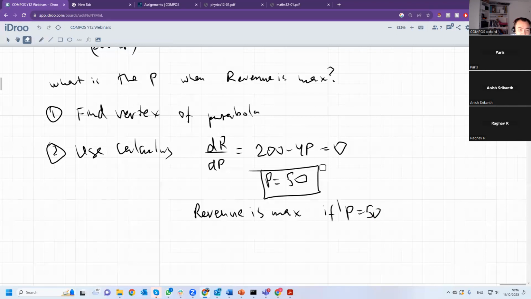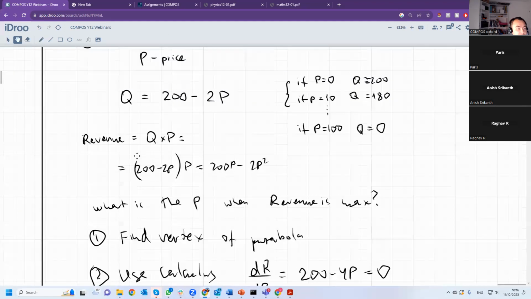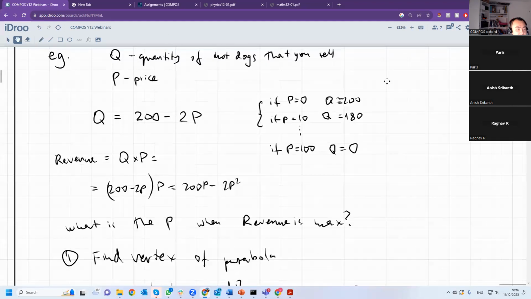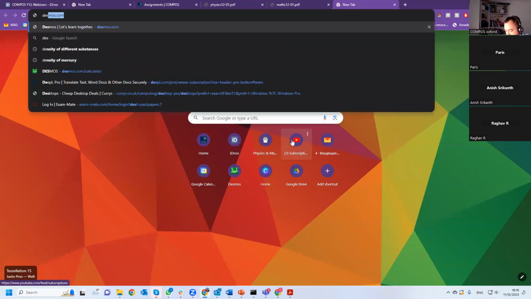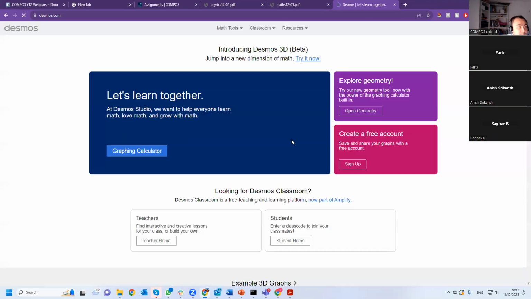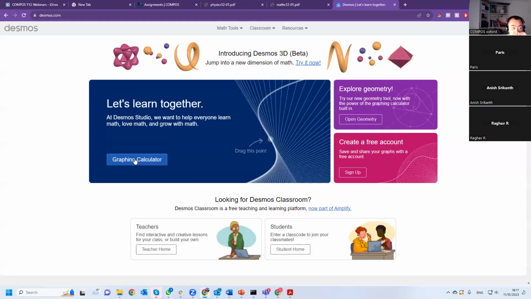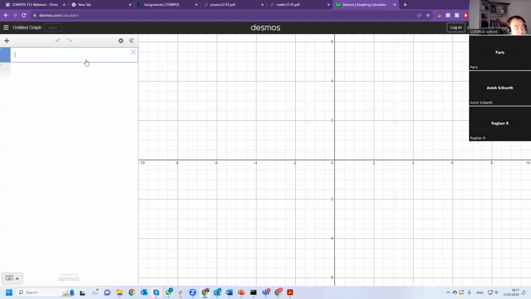And you can confirm that, because if you draw the graph of your revenue, R equals 200p, so you go to Desmos. I do recommend you use Desmos, not for solutions. You can't base your solution on Desmos, but you can use Desmos.